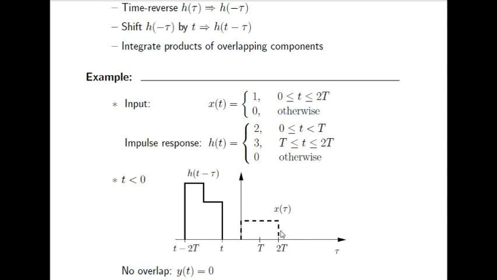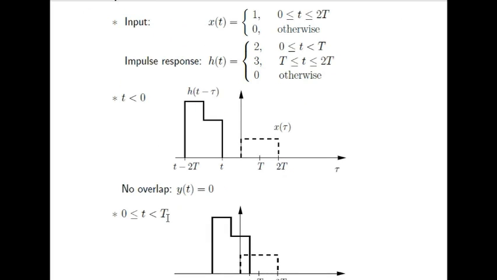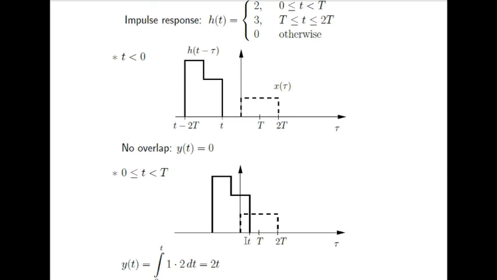For t less than 0 there is no overlap. Now let's see for t between 0 and capital T. You can see that you need to integrate the overlapping area only, which is from 0 to t, where the value is 2 times 1 dt.